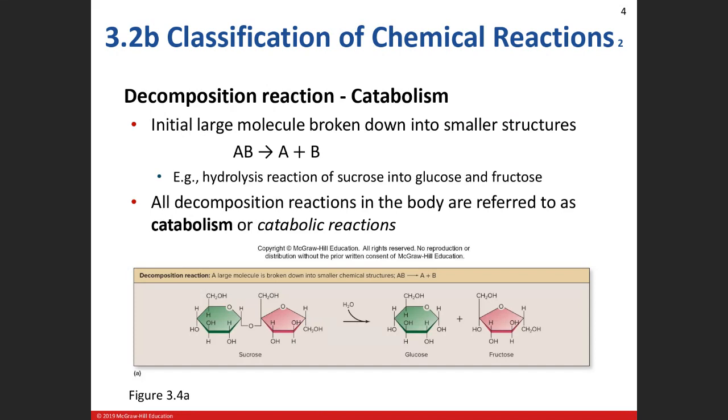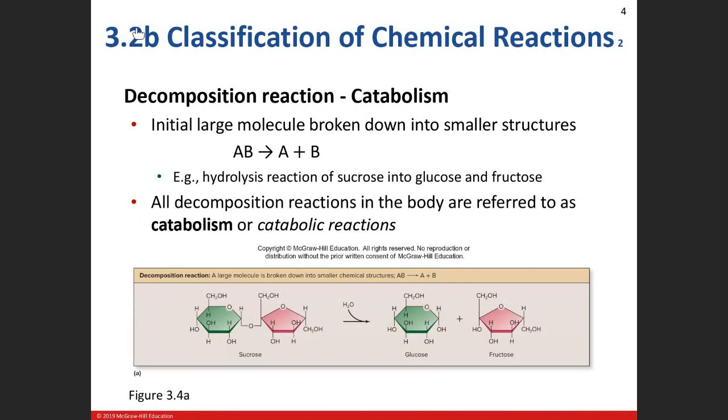So let's start off with the decomposition reaction here. In our example, we're starting off with a large structure. For example, you could use a water molecule if you want, or the example listed down here is table sugar, sucrose. In our body, we saw that the brush border enzymes do this, in our digestive small intestine tract, where brush border enzymes break sucrose down into our monosaccharides of glucose and fructose.